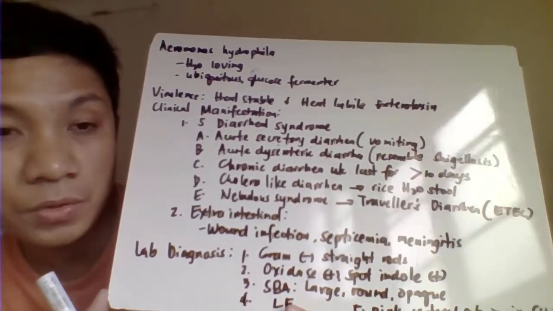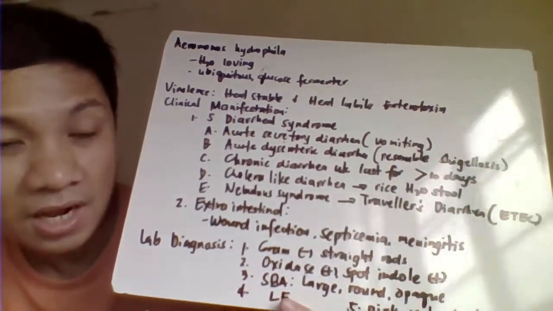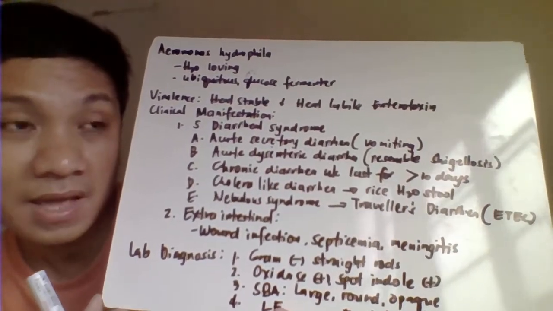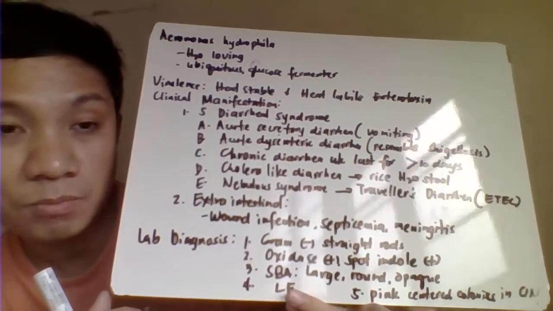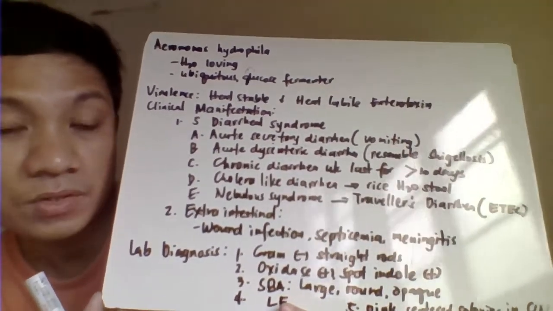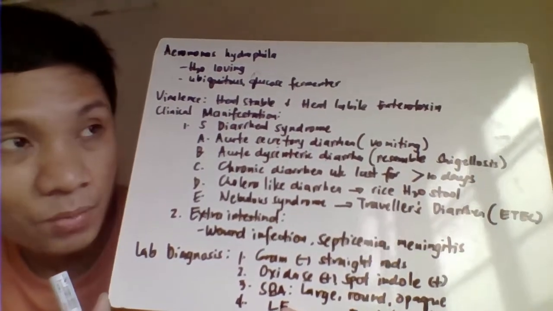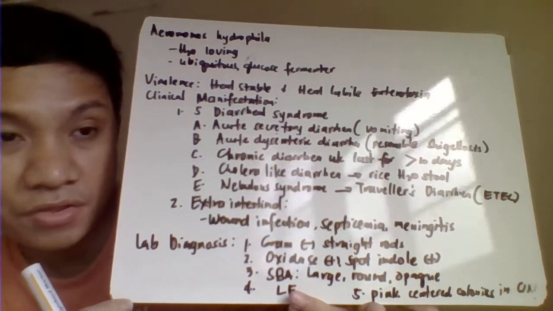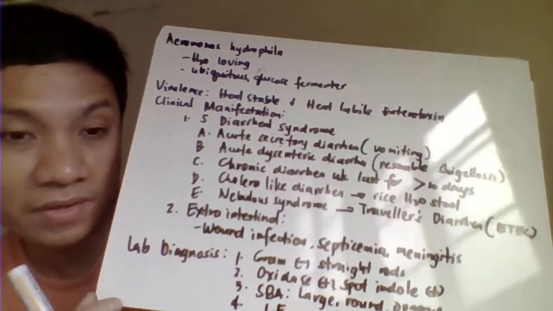Another one is acute dysenteric, so with blood and pus, resembling the dysentery caused by Shigella. Another one is chronic diarrhea, which lasts for more than 10 days. Another is cholera-like diarrhea related to Vibrio cholerae, with a rice water stool manifestation.